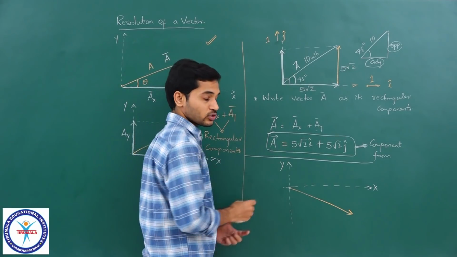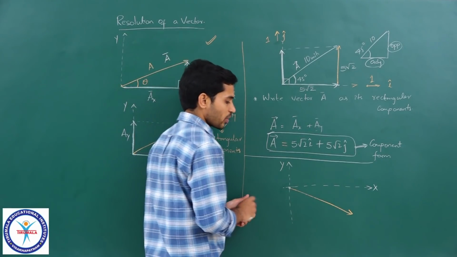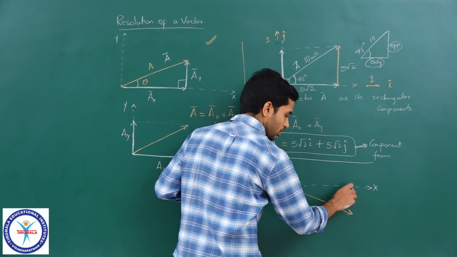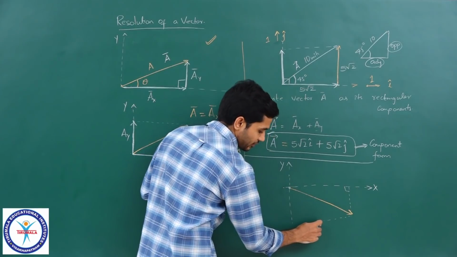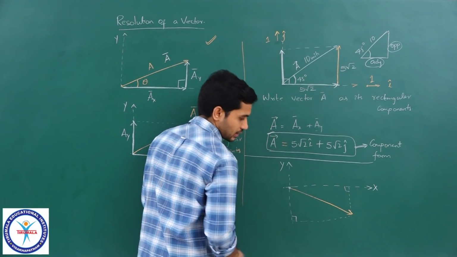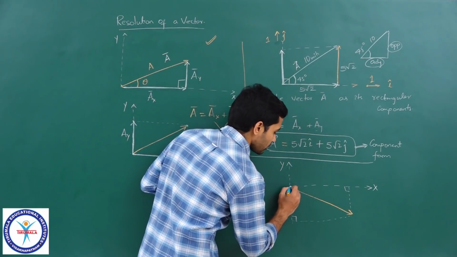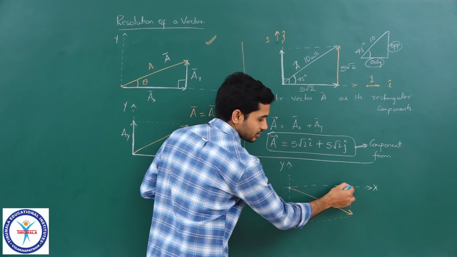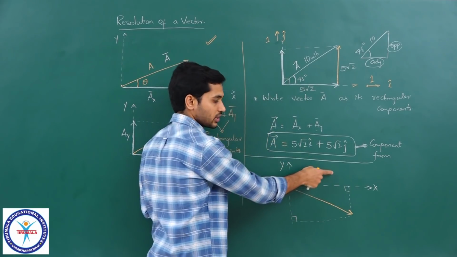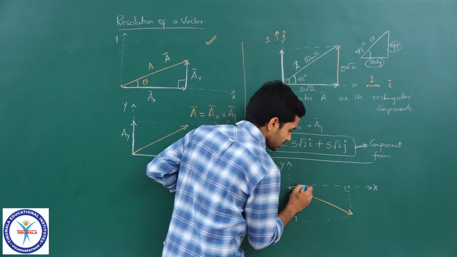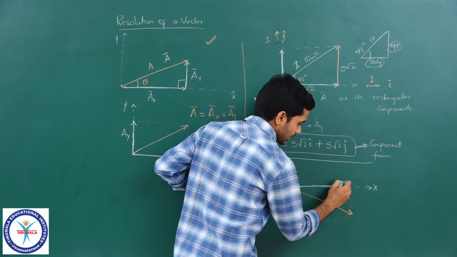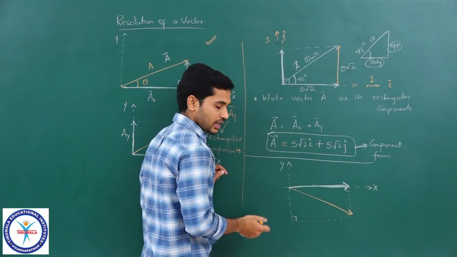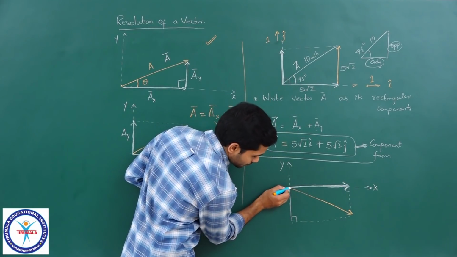So, which means if I resolve this into components by dropping perpendicular, I am first dropping a perpendicular like this, and onto the y axis as well if I drop a perpendicular like this. So, from the tail till the projection onto the x and y axis, I will draw two vectors. So, one vector will be like this, correct, and the other vector will be like this.